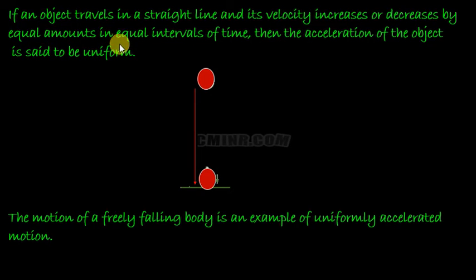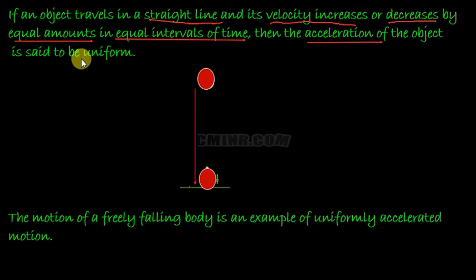So just like we had uniform motion and non-uniform motion, now we have uniformly accelerated and non-uniformly accelerated motion. If an object is traveling in a straight line and its velocity increases or decreases by equal amounts in equal intervals of time, then the acceleration of the object is uniform.